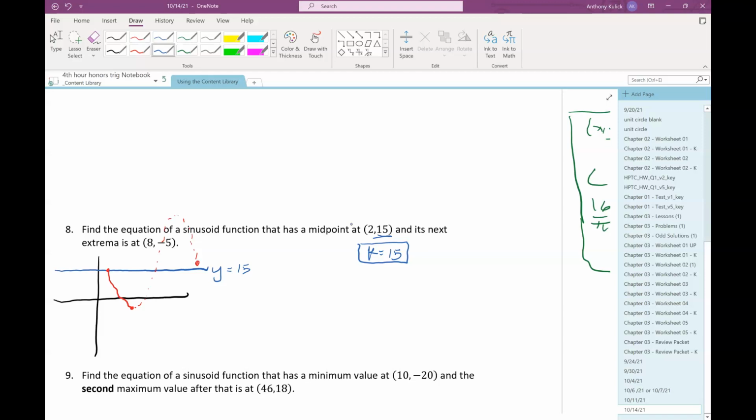The next thing I'm going to do is figure out my amplitude. Remember, that's just this distance. So to go from -5 up to 15, that covered 20 units. Everybody okay there? I don't have to divide it by 2 because I don't have a max and a min.